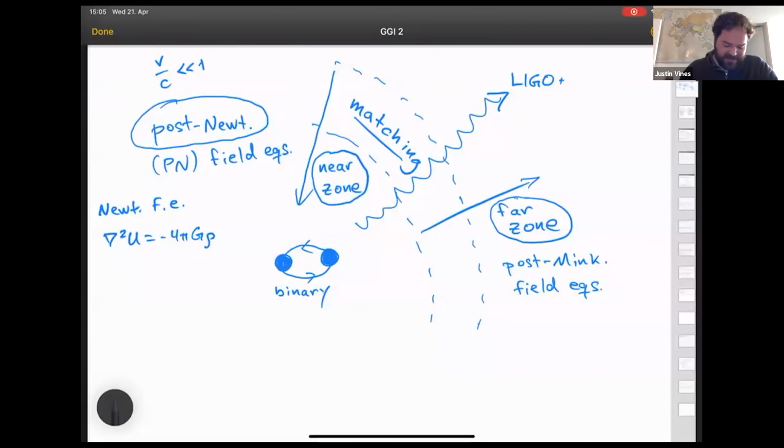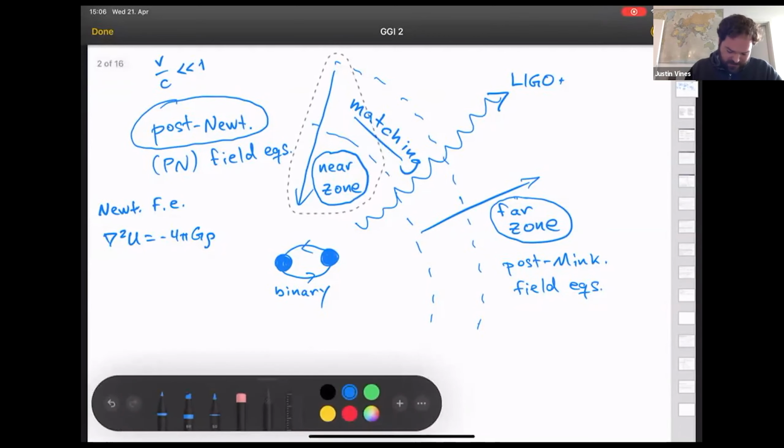So instantaneous action at a distance is this 0th order level, the Newtonian field equation, where we start in the post-Newtonian approximation. And so a first important point I want to emphasize is that such a description using the post-Newtonian field equations, which we'll talk about in much more detail shortly, is only possibly valid in the so-called near zone.